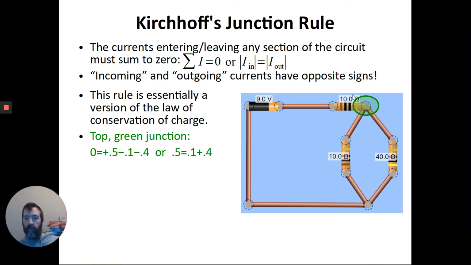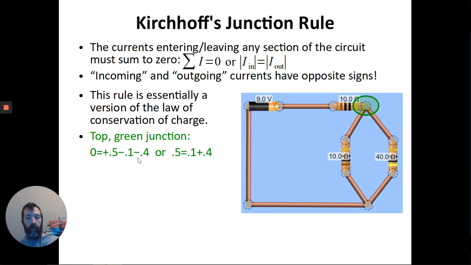If I choose this top junction, there's a current coming in from the 10 ohm resistor, and I know that that current was 0.5 amps. So that's my first term here, plus 0.5. And then I have two currents coming out. There's some current going down this way, and that amount was 0.4 amps.